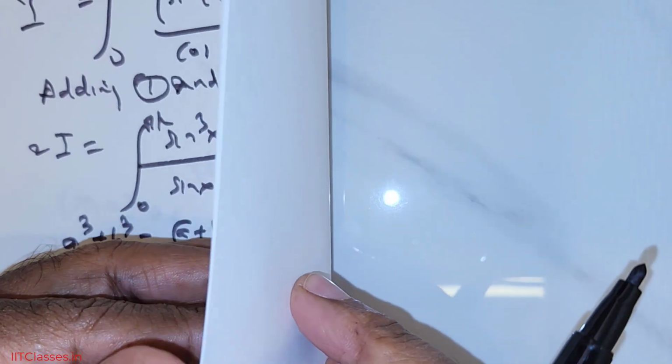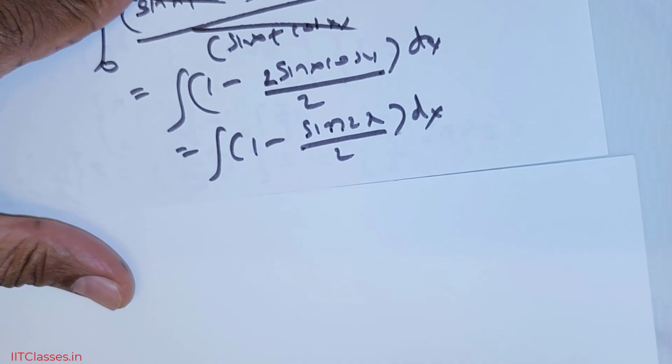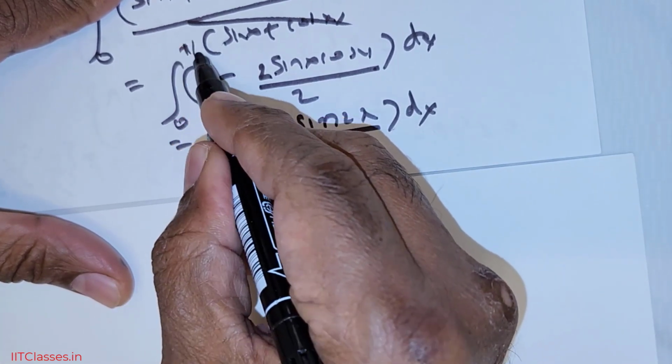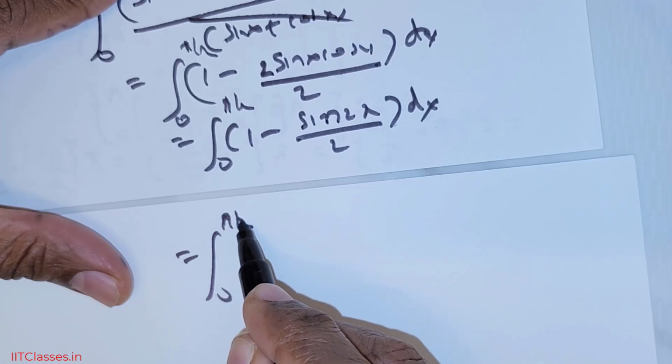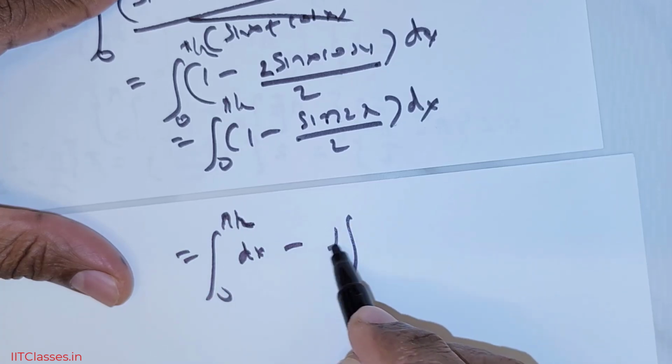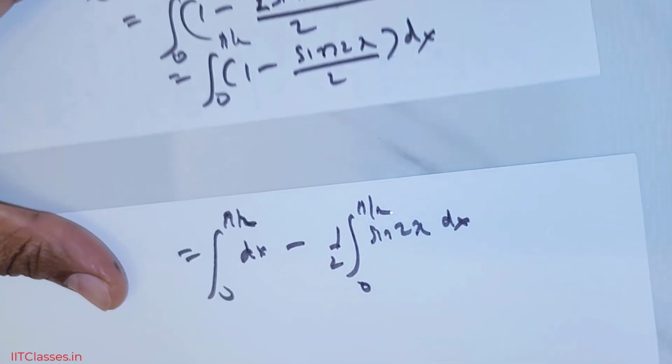So the limits are 0 to pi over 2. I can rewrite this as 0 to pi over 2 dx minus 1 over 2 times sin 2x dx, 0 to pi over 2.